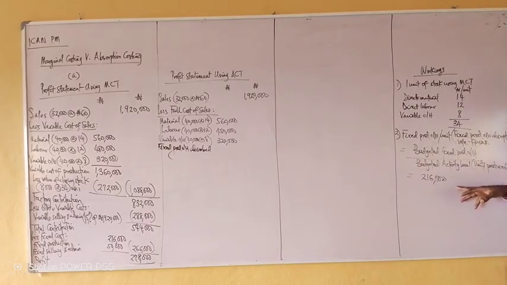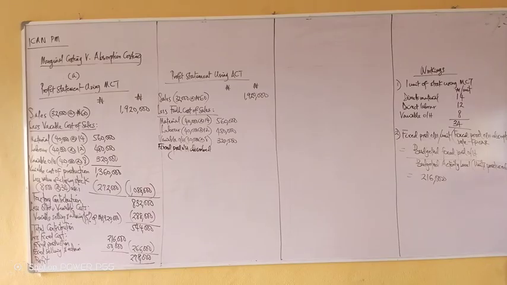But in some cases, when we get to variance analysis, you see situations where this 216 will not be the same as what they actually incurred. And it did not just stop there. The 36,000 cases that they plan to produce is also not what they produce. So you will have variance because 216 is not the same as what was incurred, and 36,000 cases is also not the same.